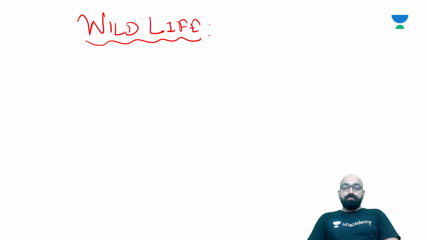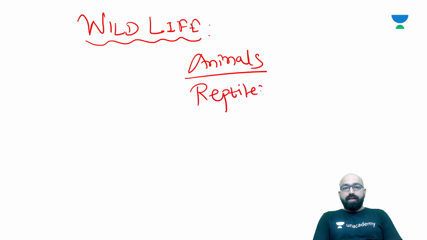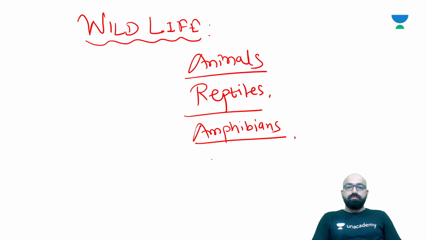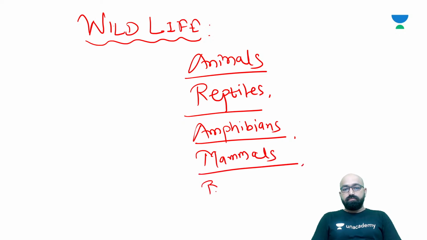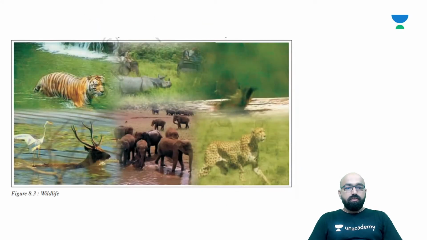There are thousands of species of animals, a large variety of reptiles, amphibians, mammals, birds, insects, worms which dwell in the forest.